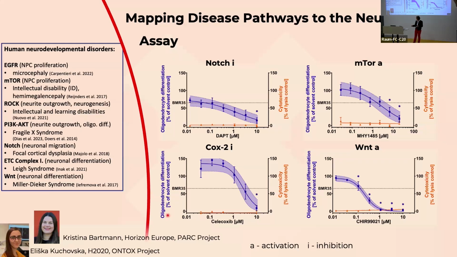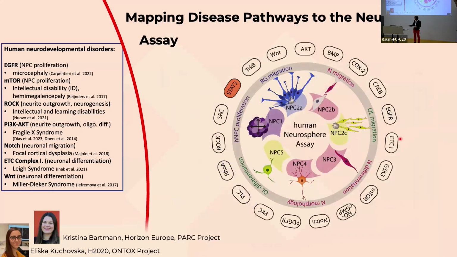These are examples here of, for example, Notch. This Notch triggers a basic switch between neurogenesis and gliogenesis. Then there's also mTOR, COX2, Wnt. These are all pretty much conserved pathways.